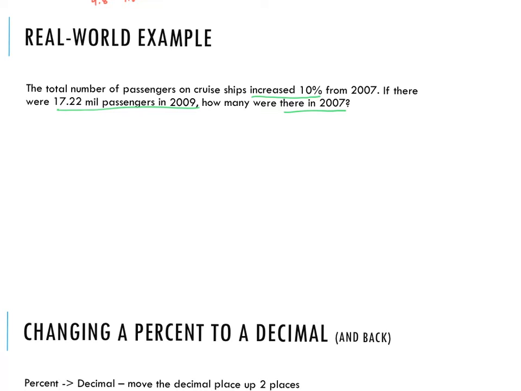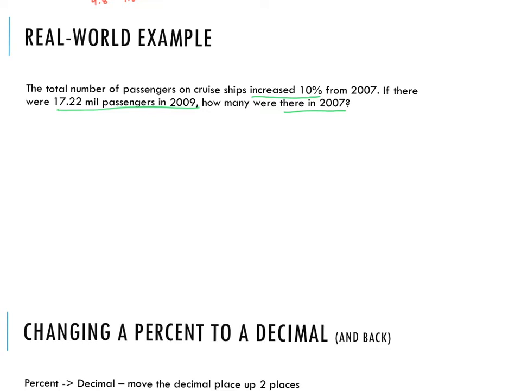Okay. In this problem, there are a few different ways to read it. I'm going to show you the way the book does it and the way that makes the most sense to me, because in this instance, they're the exact same thing. So first of all, we need our variable and to understand what we're going for. So I'm going to read it again.